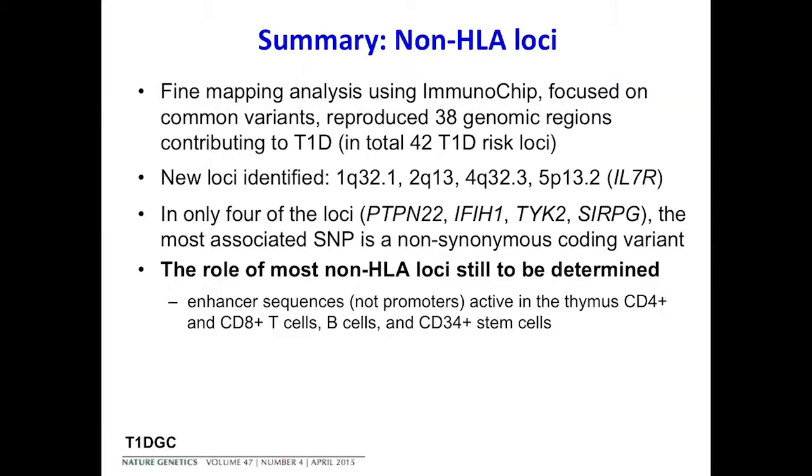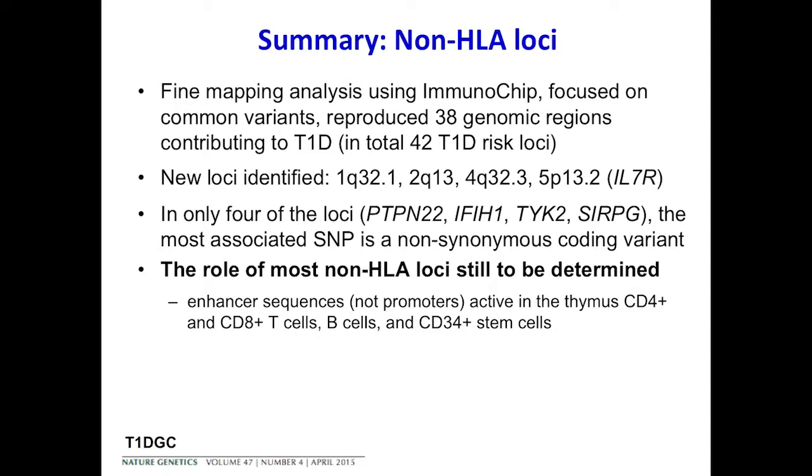To summarize, fine mapping analysis, such as those using immunochip, identified a total of 42 non-HLA type 1D risk loci. And there are some new ones identified, like the one in the interleukin-7 receptor.